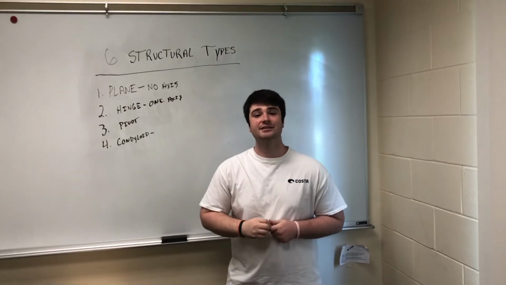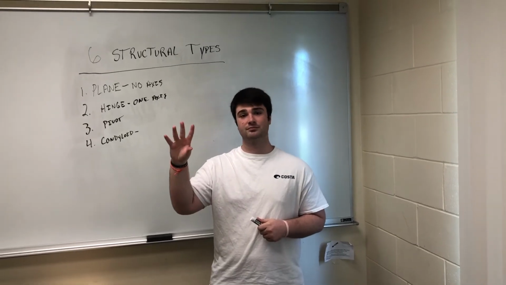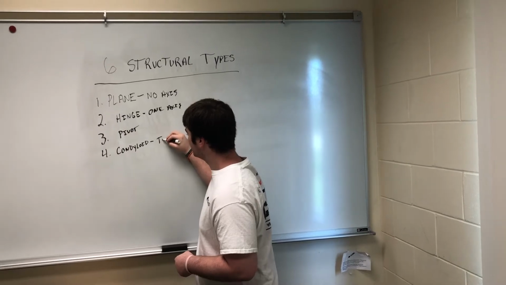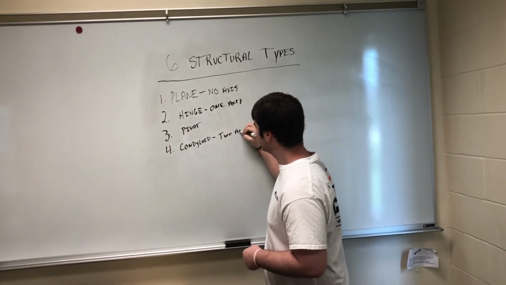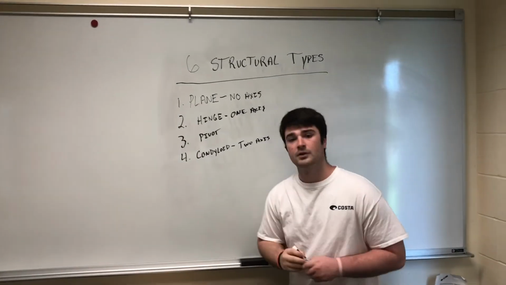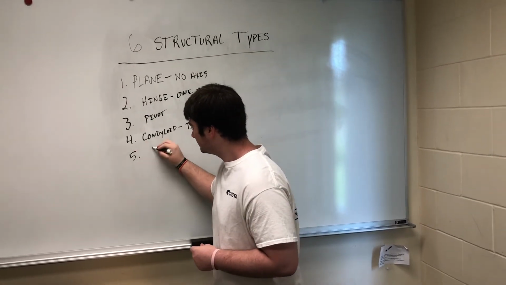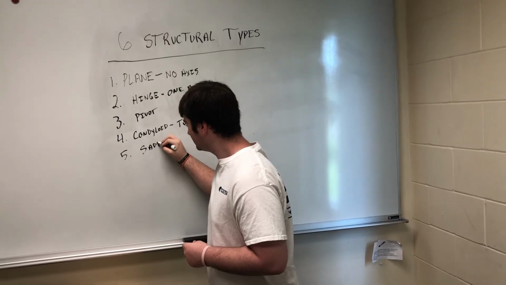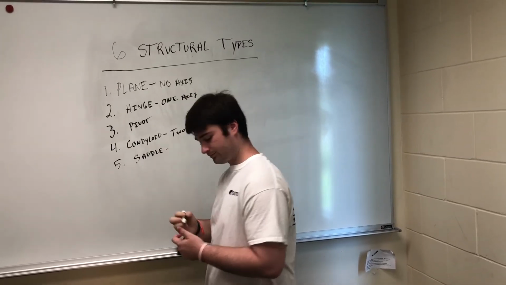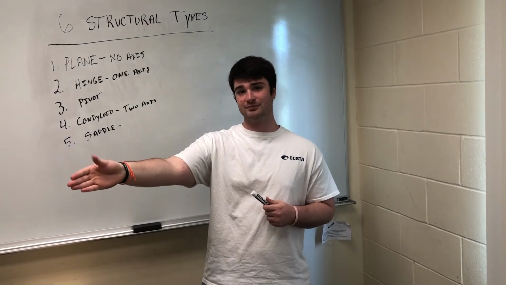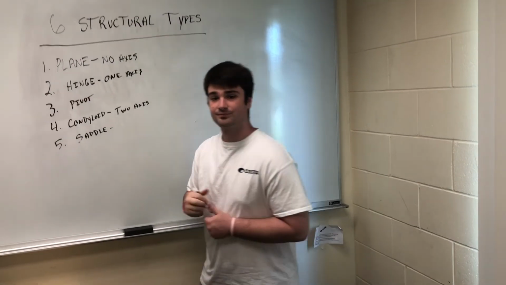This one has 2 axes and moves your fingers. The next one we have is the saddle joint. This joint is found in the thumb and moves it around.